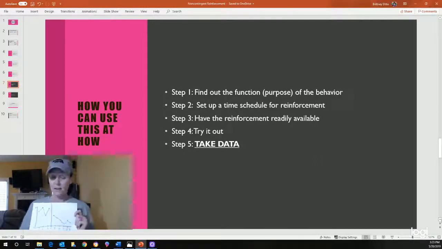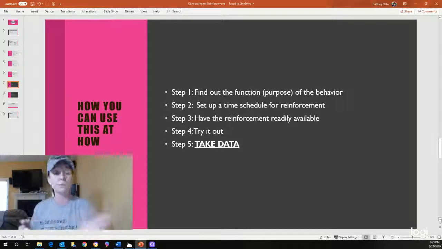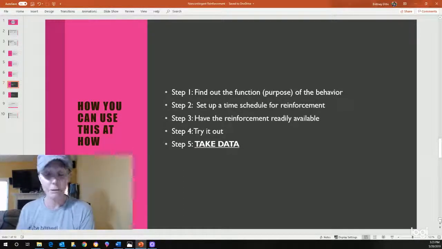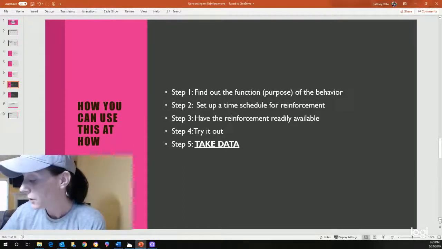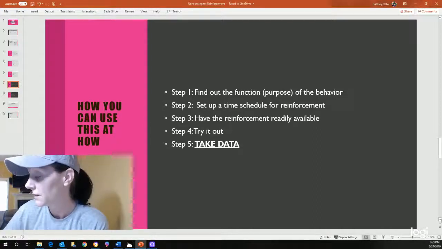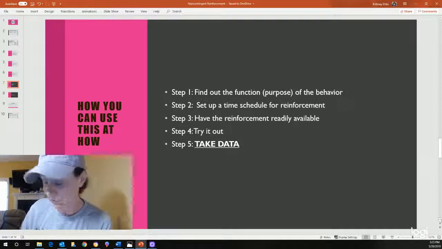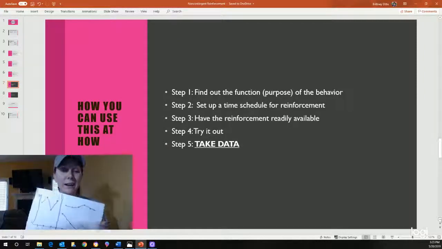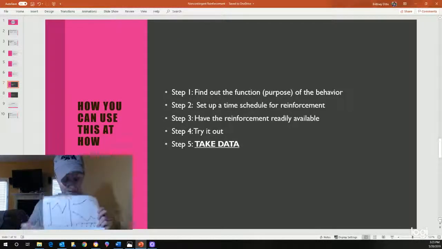Now, let's say you had this graph and you're still doing your baseline, but you noticed that instead of the first line that I showed you guys, it was more like that right here.